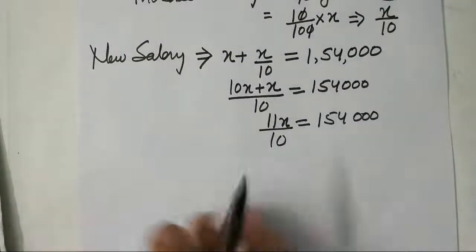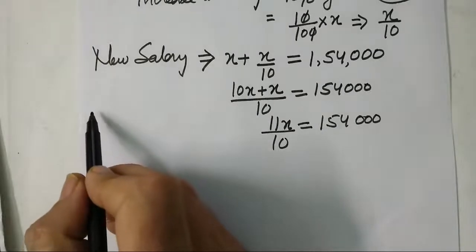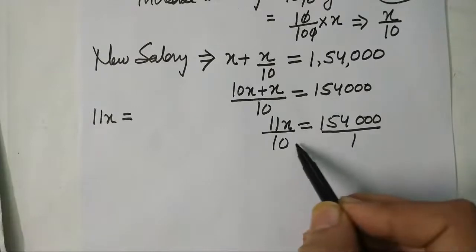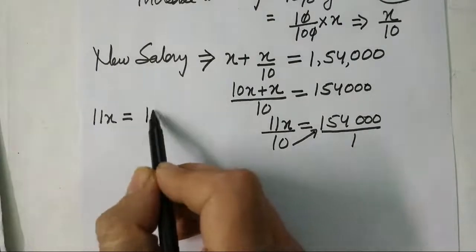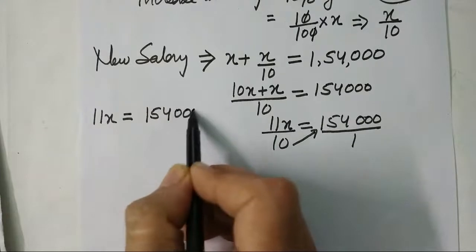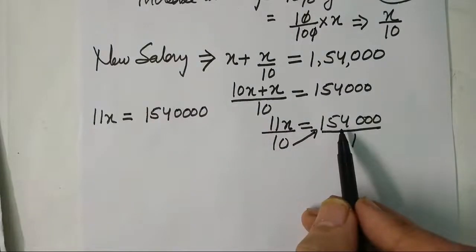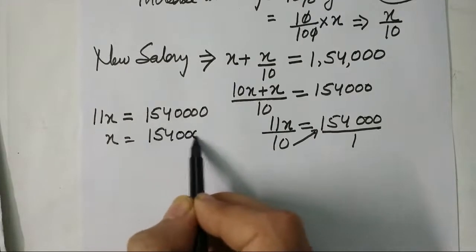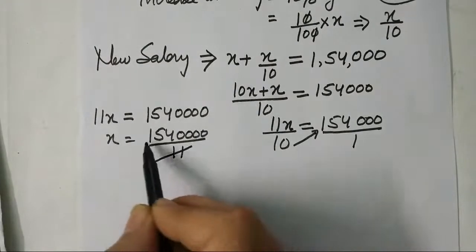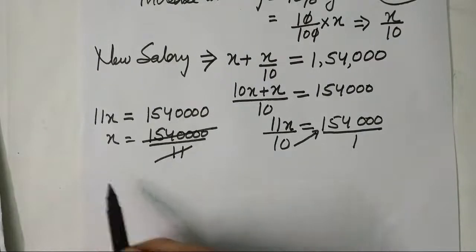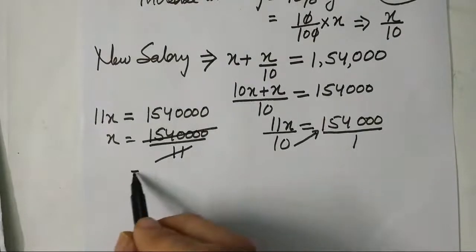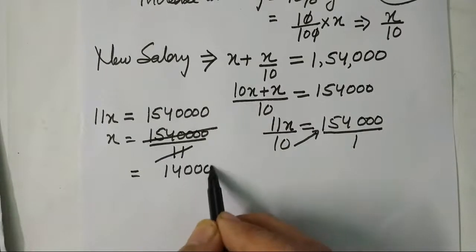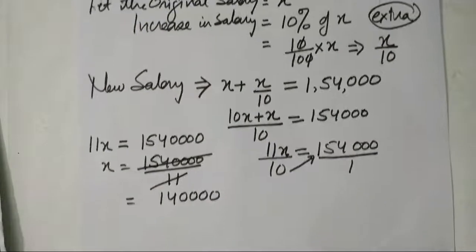Therefore, 11x is equal to 154 and one more 0 after cross multiplying, so x is equal to 154 upon 11. If I divide, it will give me x. So what is x?